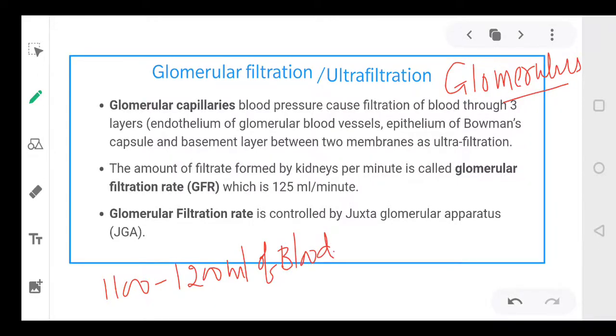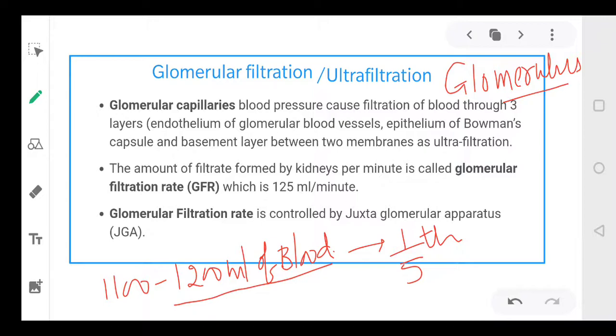On an average, our kidneys filter 1100 to 1200 ml of blood per minute, and this is approximately 1/5 of the total blood that passes through the heart. तो ये आपका 1/5 blood है जो हार्ट के थ्रू पास होता है.